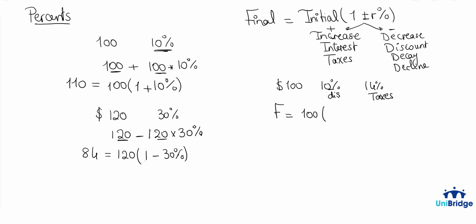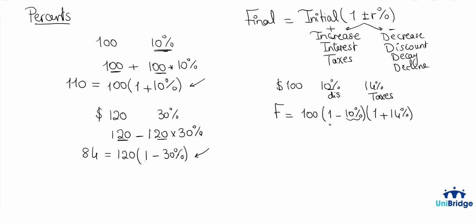And the 10% is a discount, so we always multiply by either 1 plus the percent or 1 minus the percent, the way we did here. So if this is a discount, you'll multiply it by 1 minus 10%. And then you'll want to add the taxes, so you'll multiply the bracket by 1 plus 14%.